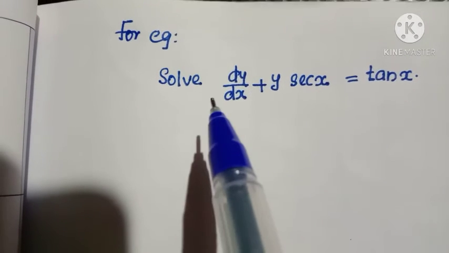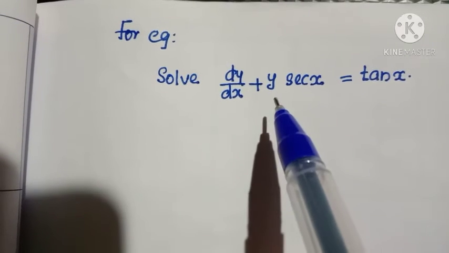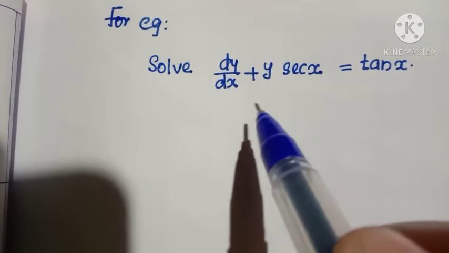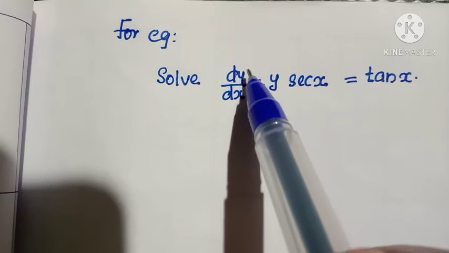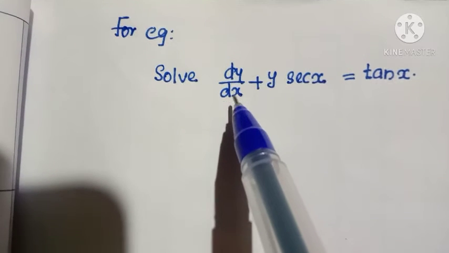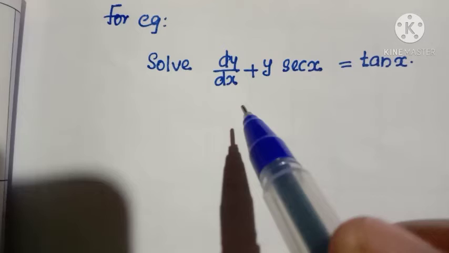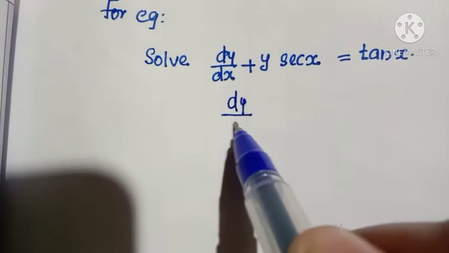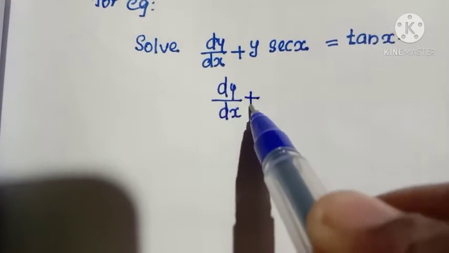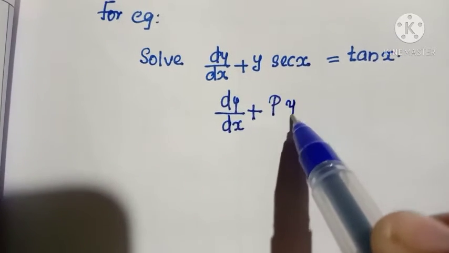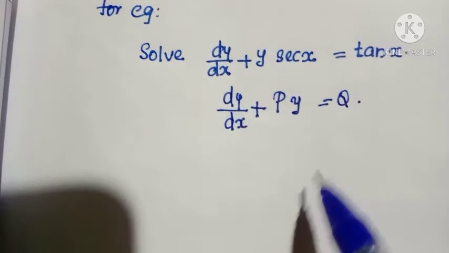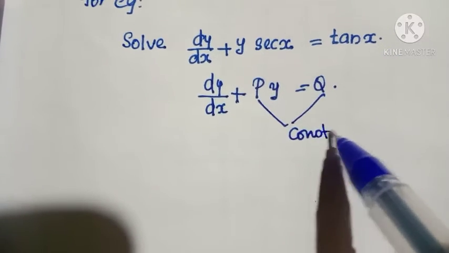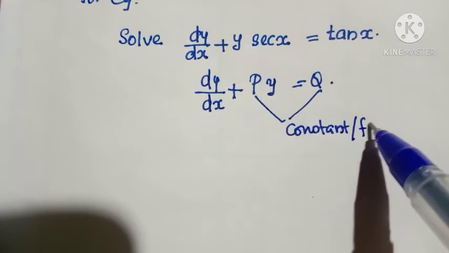See this example. Solve dy by dx plus y sec x is equal to tan x. First we have to identify whether it is dy by dx or dx by dy. It is dy by dx. Therefore the given equation is of the form dy by dx plus py is equal to q, where p and q are either constants or functions of x.